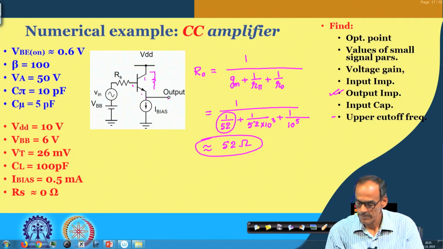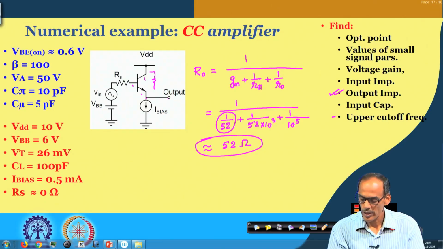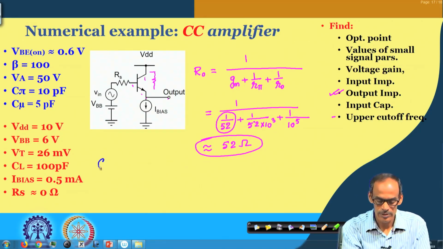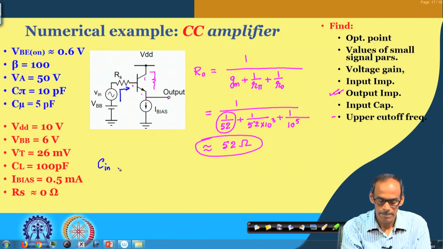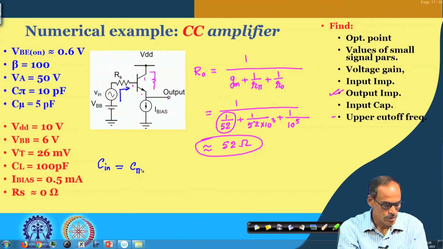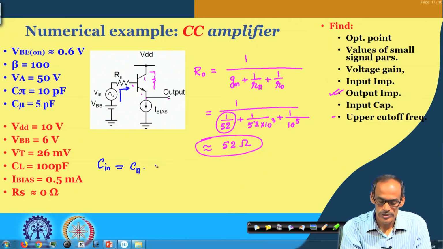Now, the input capacitance. We have the input capacitance C in. Looking into this circuit, it is C pi multiplied by a very small factor. What was that factor?